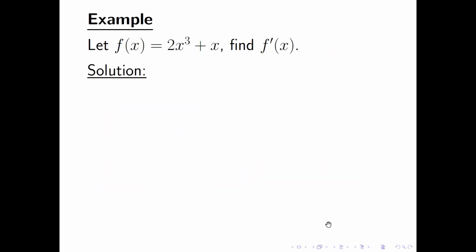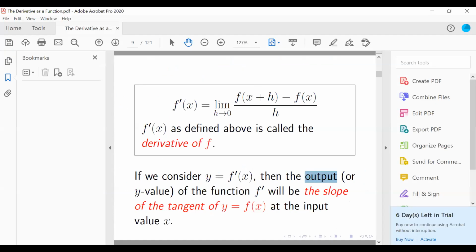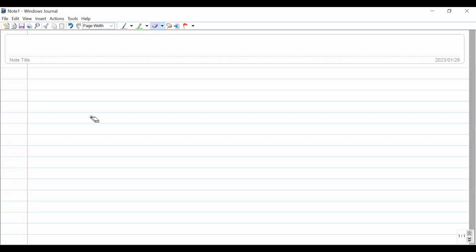Okay, so before I go to an example, let me just go straight to the diagram and show you what I mean when I say this is the same as the change in y over the change in x. Suppose that we have a function of this nature.